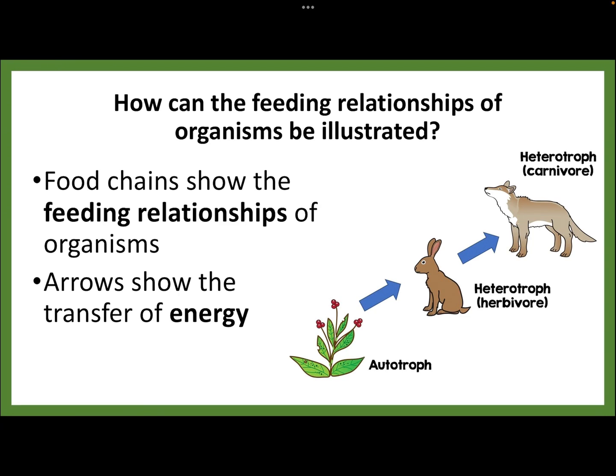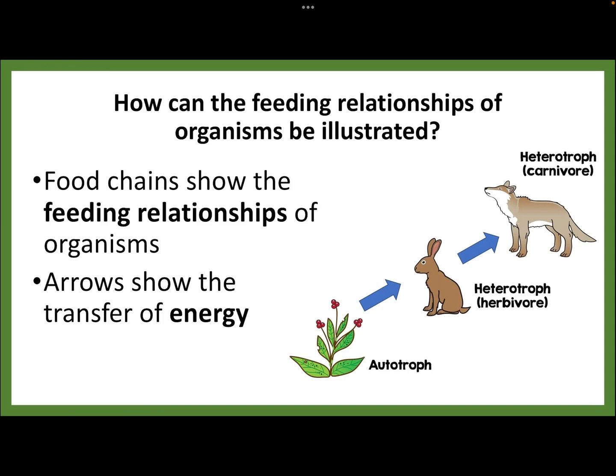So how do we show our feeding relationships? Feeding relationships in ecology are illustrated using food chains. Your food chains show the flow of energy through an ecosystem. They show who eats who, where the energy comes from.